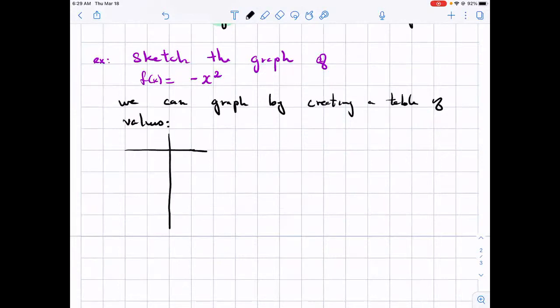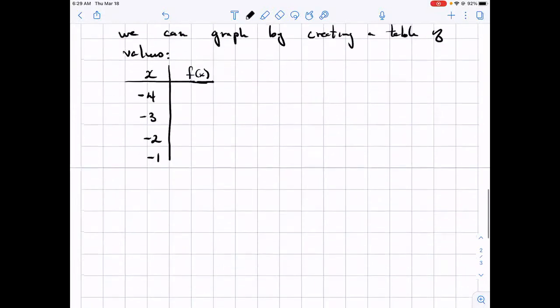So you will have to create a lot of points. If we create x and then f of x, minus 4, minus 3, minus 2, minus 1, 0, 1, 2, 3, and so on, you will notice that f of minus 4 will be minus 4 squared, which is equal to 16.